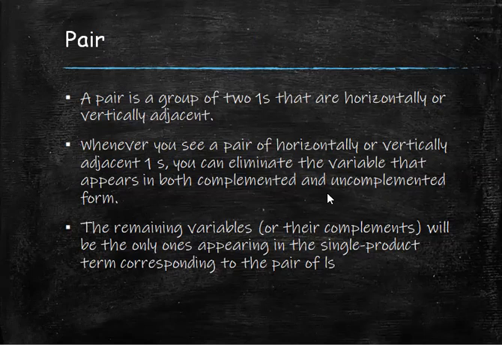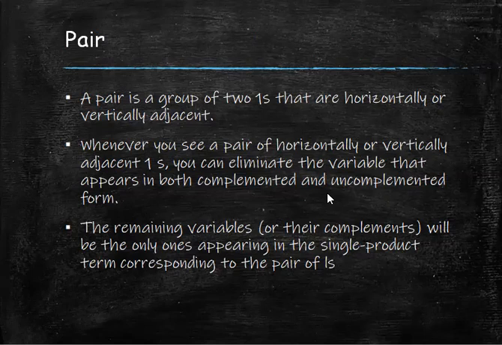When we move horizontally or vertically, only one variable is changing. If the variable A is changed to A bar when we move from one single one to another one in the pair, we can avoid that A and A bar.